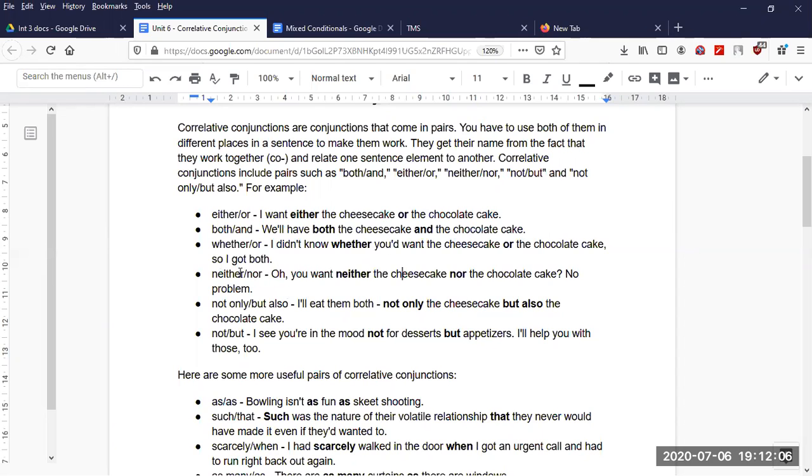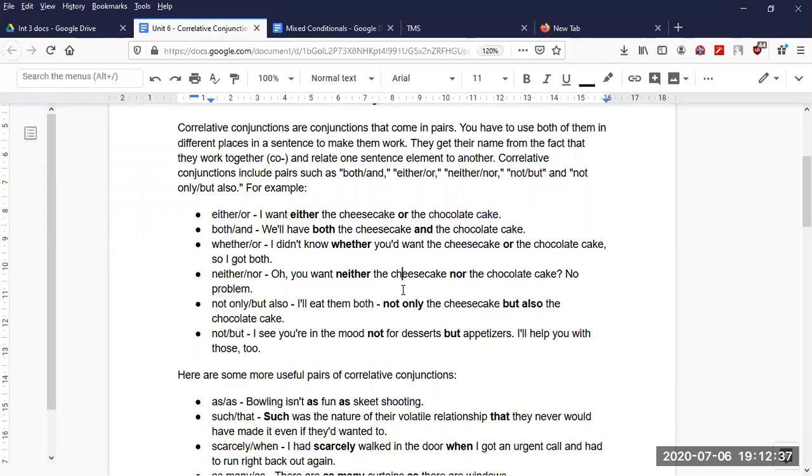Neither and nor is in the platform, and neither and nor is the opposite of either or. Neither is the same as not either, and nor is the same as not or. So this means instead of wanting either the cheesecake or the chocolate cake, so one or the other, we're saying we don't want the cheesecake and we don't want the chocolate cake.